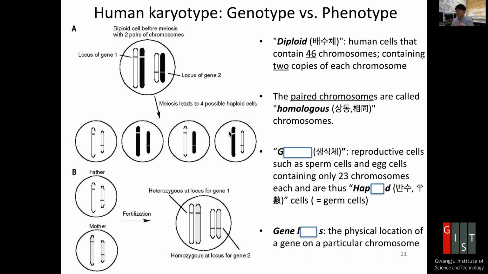But the reproductive cells, such as sperm and eggs, have half of the chromosomes, and we call these cells gametes. They contain only half the number of chromosomes, and thus we call them haploid. So germ cells are haploid cells. The physical location of a gene on a particular chromosome we call a gene locus.